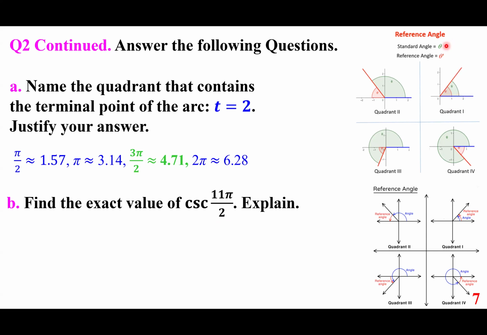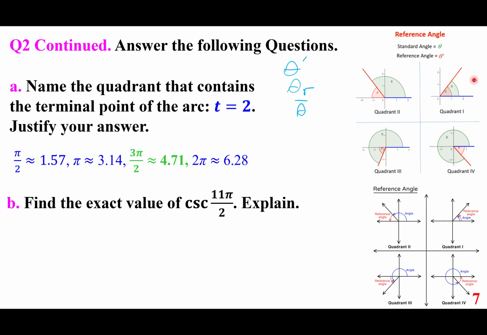By the way, theta represents the angle. Theta prime represents the reference angle. Depending upon the text, they may call it theta prime, theta sub r, or theta bar. They all mean the same thing, reference angle or reference arc.